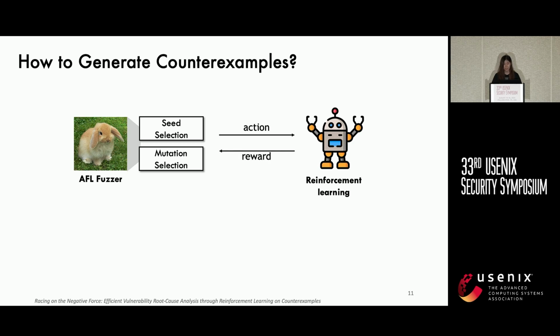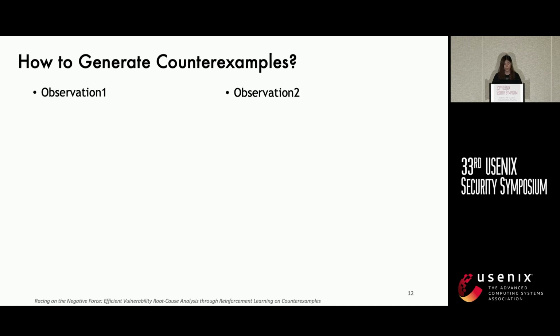The first one is the counterexample of predicate, or COP in short, which is to correct false positive predicates. The second level is the counterexample of ranking, or COR in short, which helps us adjust incorrect rankings. First, let's dive into how to generate COPs.